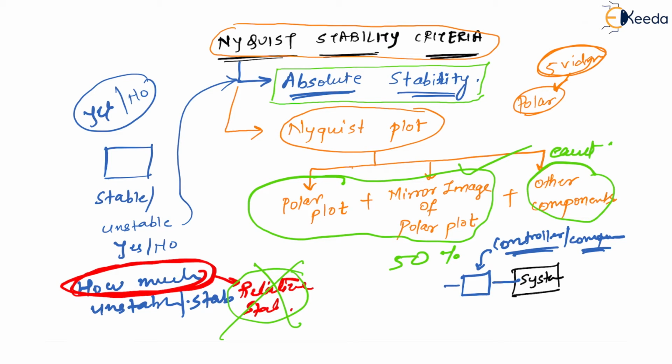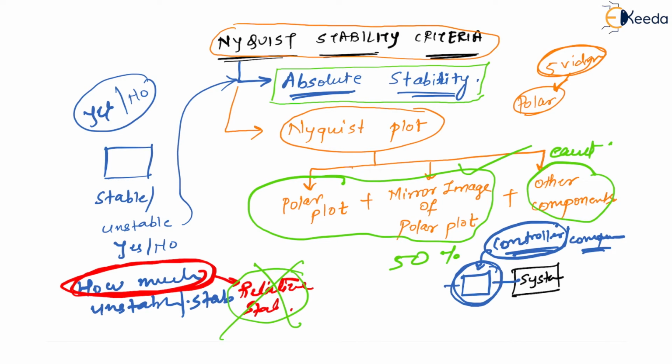Okay, yes. So what happens is, I am saying the same thing again. See, if I know how much the system is unstable or how much the system is stable, then I can change some parameters of the system using this particular controller, and I can make the system stable.